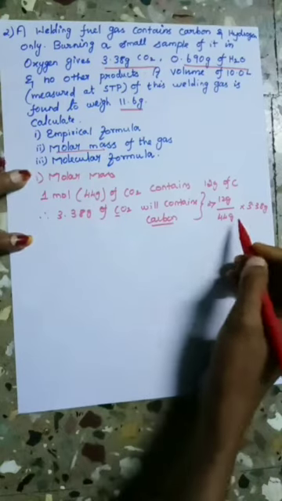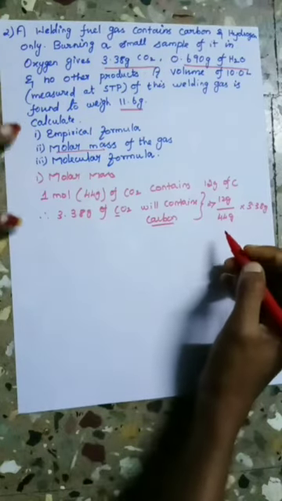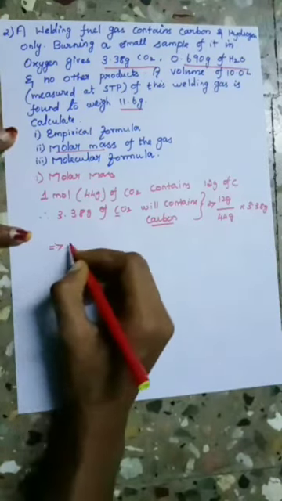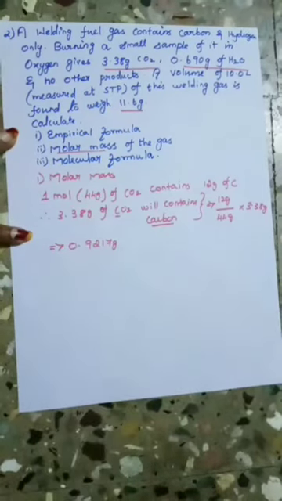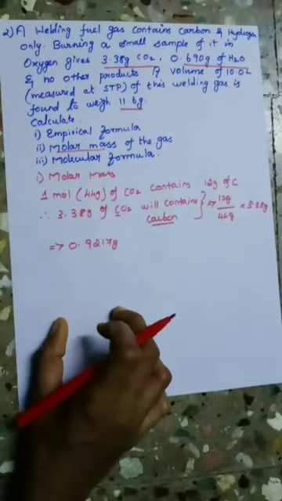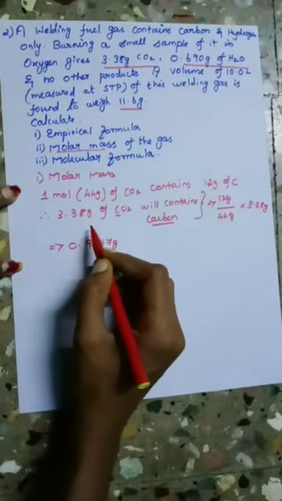When we multiply and divide, we get 0.9217 gram. So this is the carbon value for 3.38 gram of carbon dioxide.